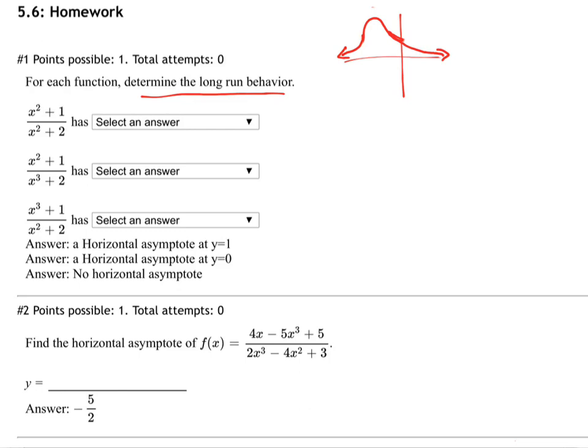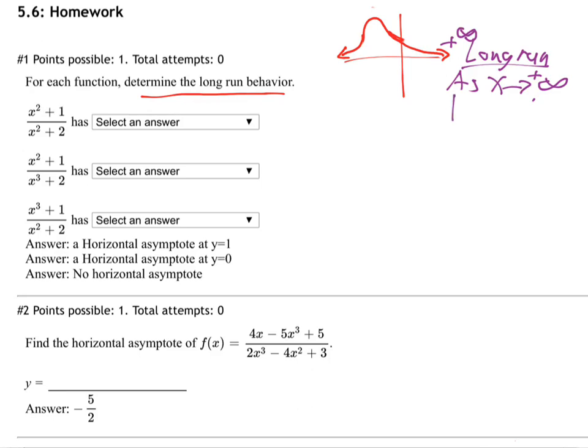Well, that would mean long run, it means as x goes to infinity, positive infinity, way off to the right, to the right forever, how high, what height?